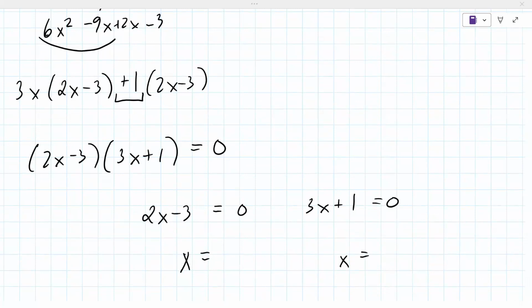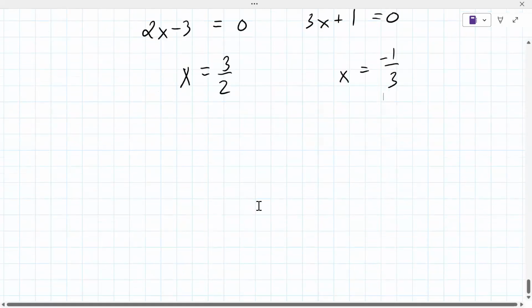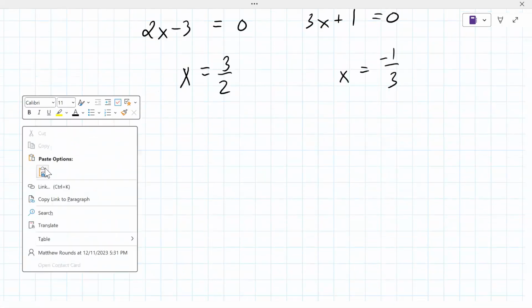Is it x equals 3/2 and x equals -1/3? Good.